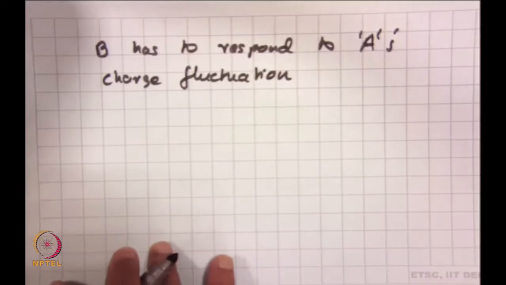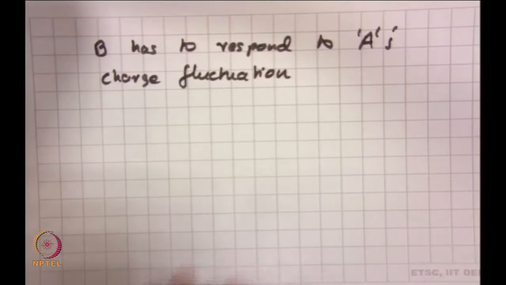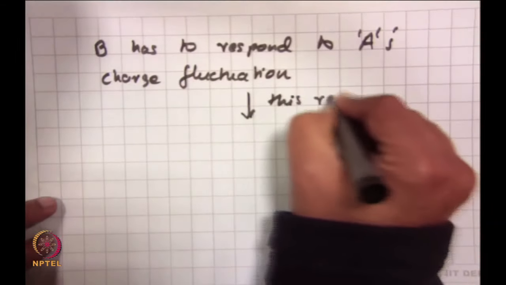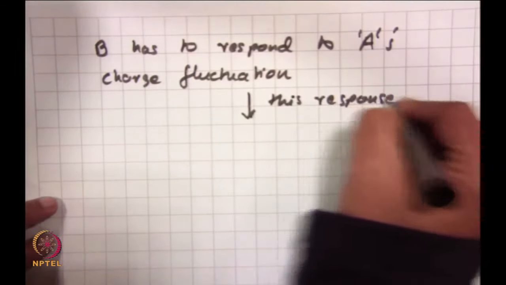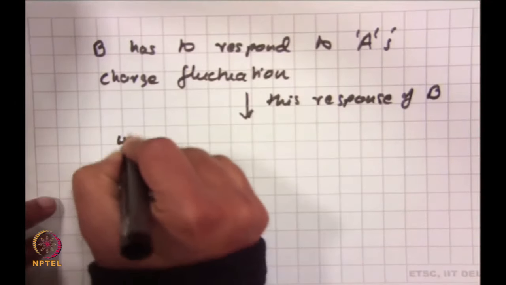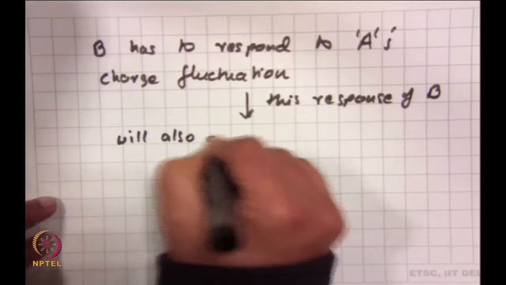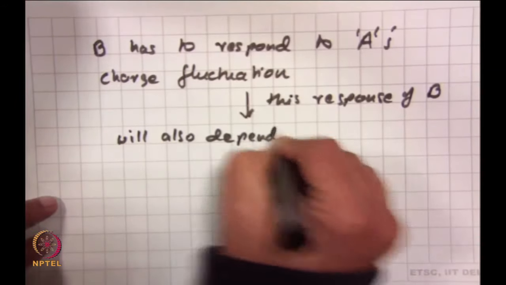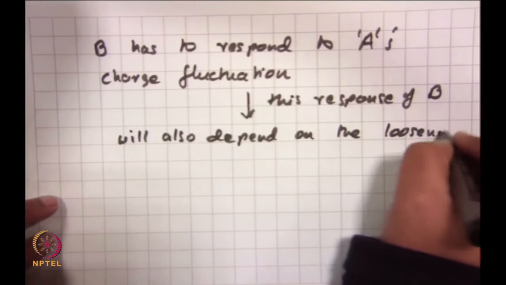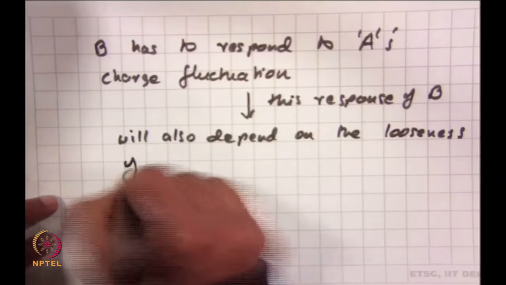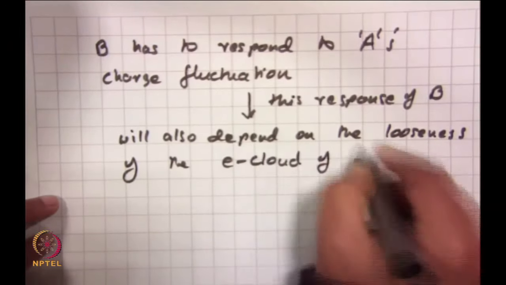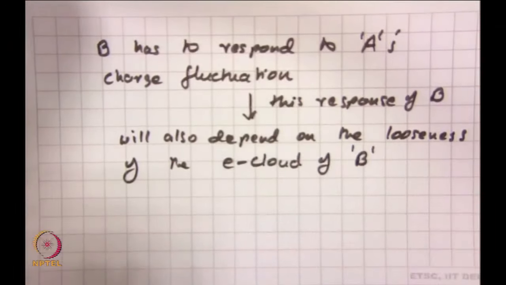But how can it respond? This response of B will also depend upon the looseness of the electron cloud of B.